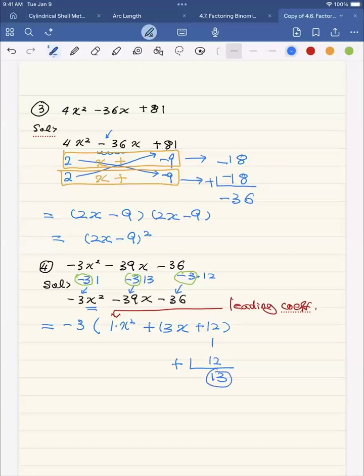This 13 is the same as this 13. So they are the same, so this is the right combination. Then this is plus 1 plus 12. So that's negative 3 times x plus 1 times x plus 12.